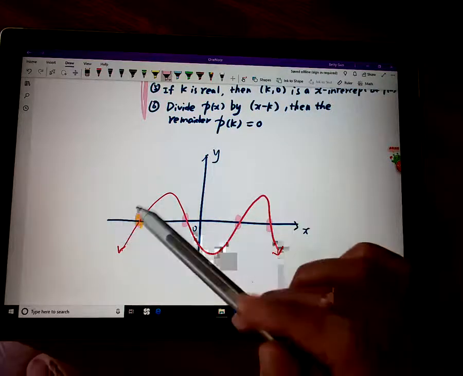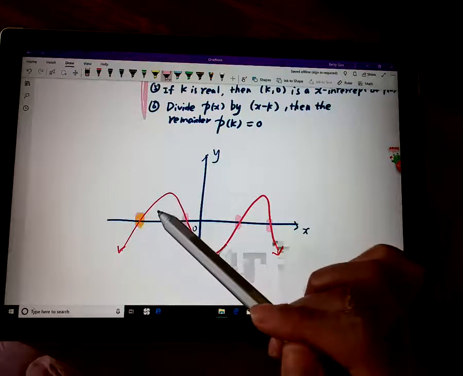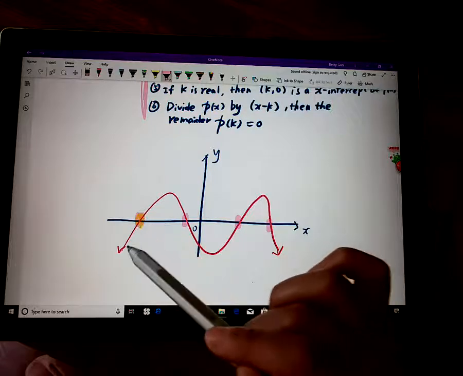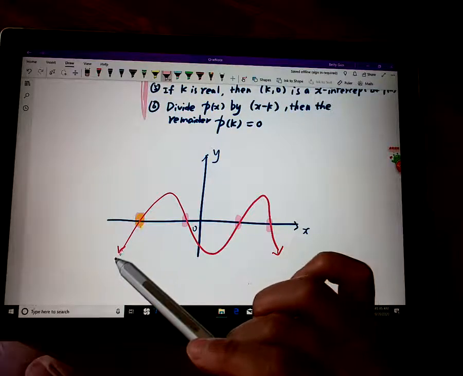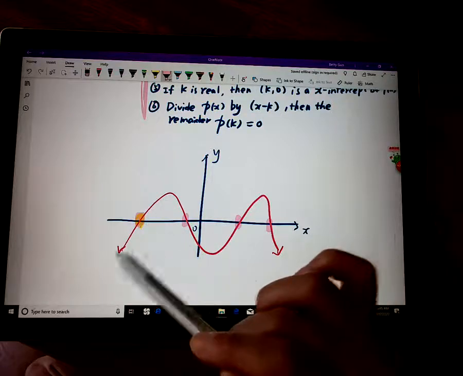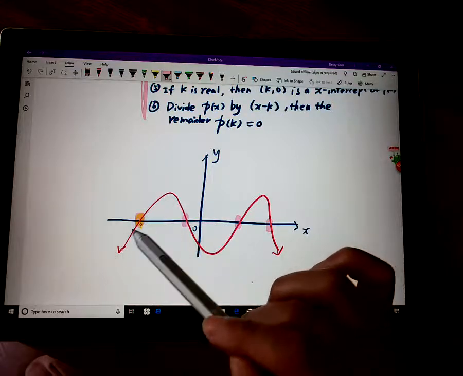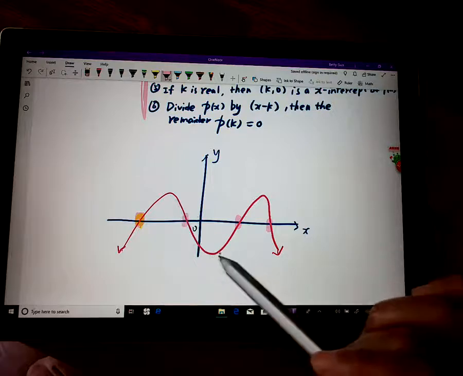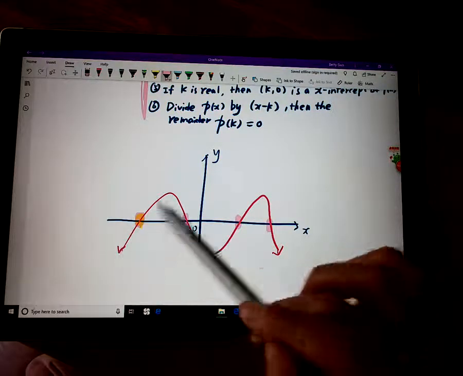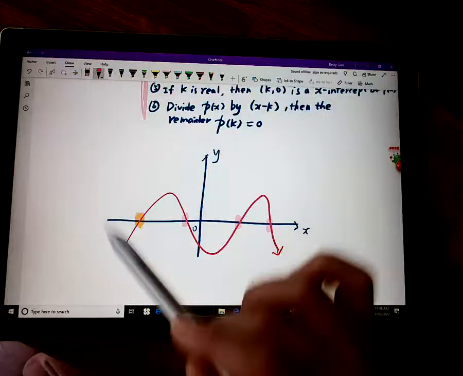We can tell because polynomial functions are all continuous. Then if the function crosses the x-axis once, it's either going up or going down, right? Yeah. So let's say the graph crossed the first time.